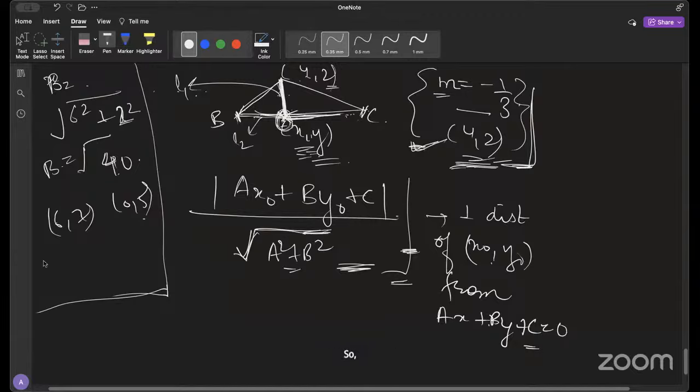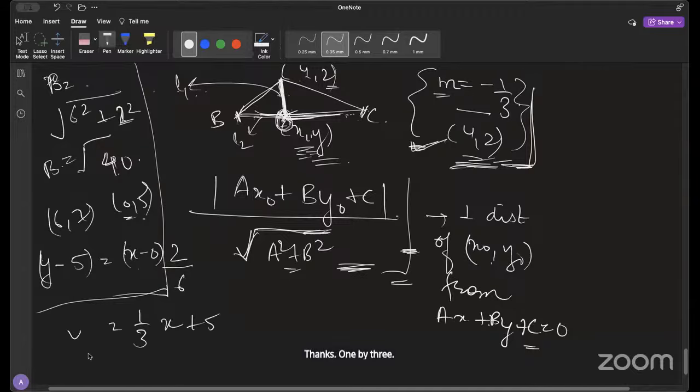So here you will have y minus 5 equals the slope times x minus 0, considering this point. The slope is 7 minus 5, which is 2, over 6 minus 0, which is 6, so the slope will be 1 by 3. So y equals x by 3 plus 5, and this is the equation of the line.